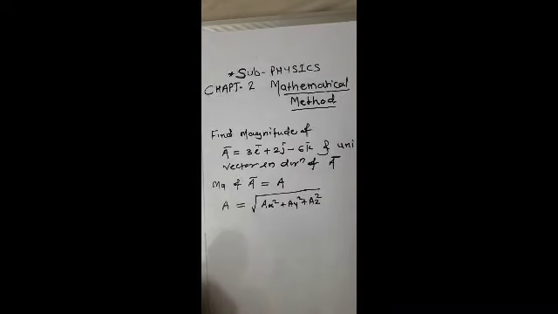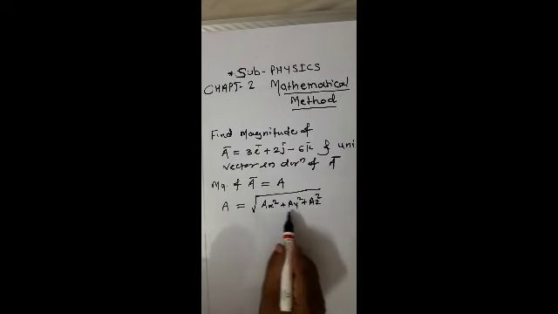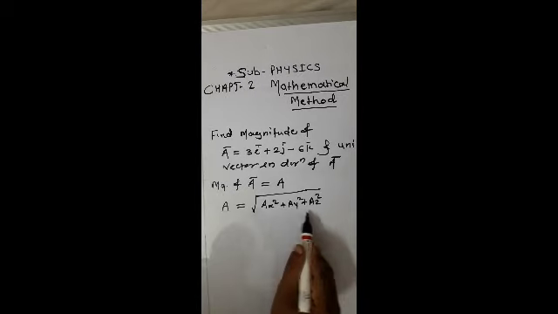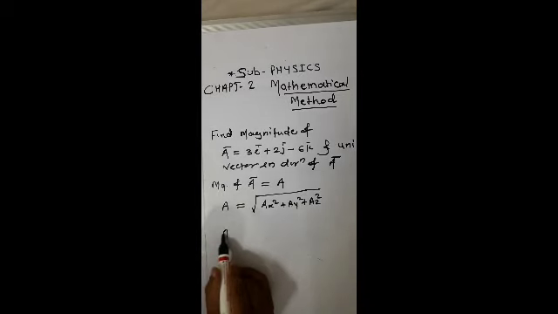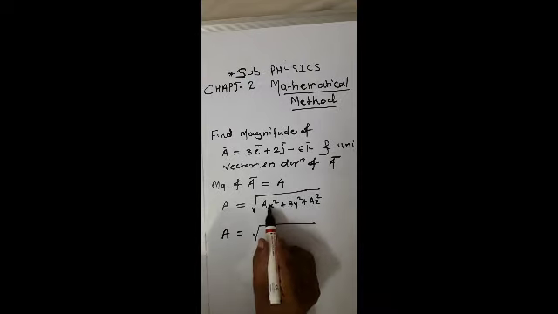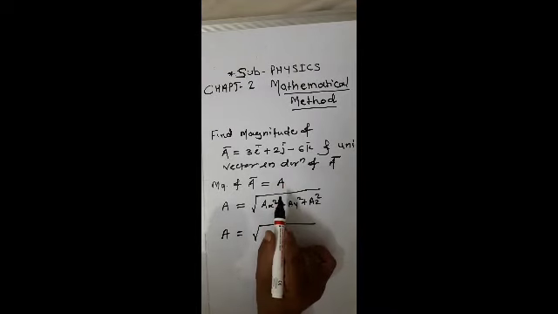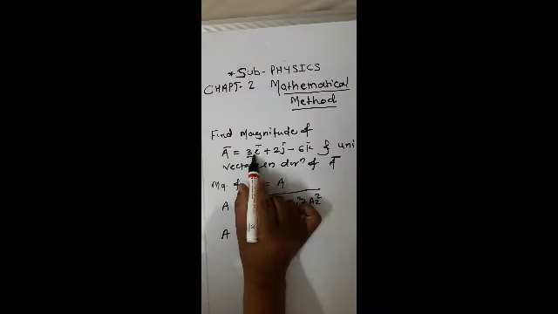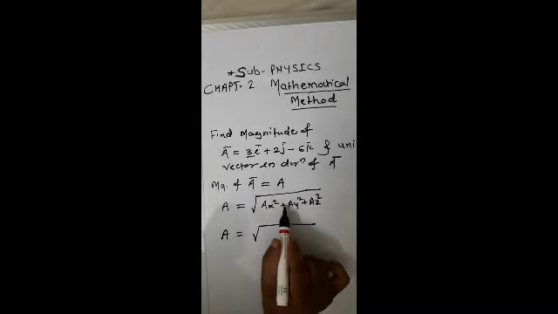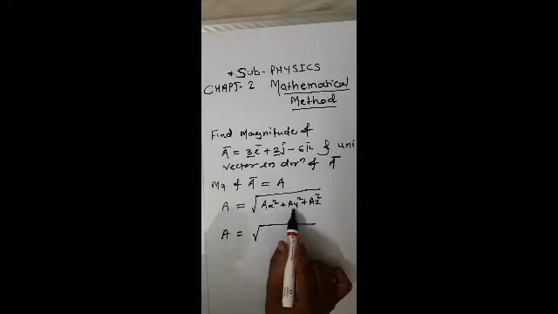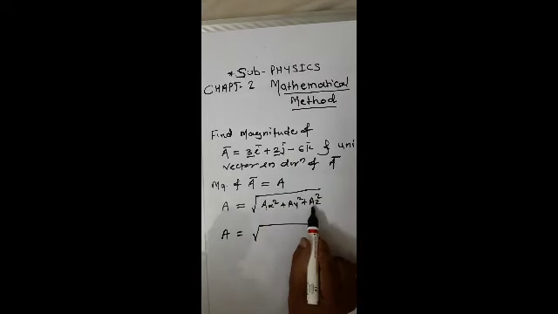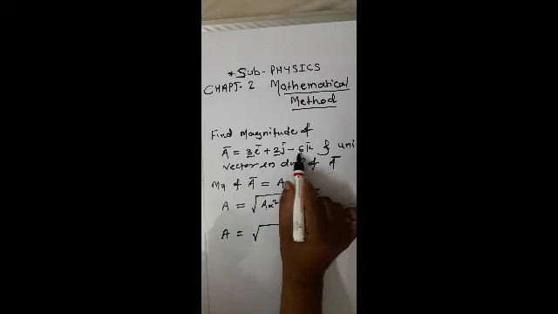This is the formula: the coefficients of i, j, k, squared and added, then taking the square root. Therefore a is equal to the square root of ax square plus ay square plus az square. These are nothing but the coefficients: ax is the coefficient of i, ay is the coefficient of j, that is 2, and az is minus 6 here.